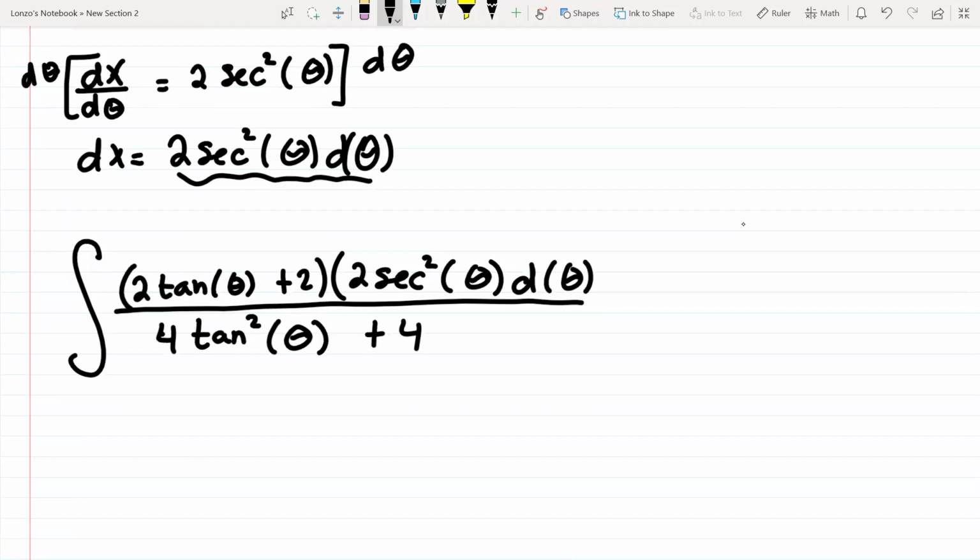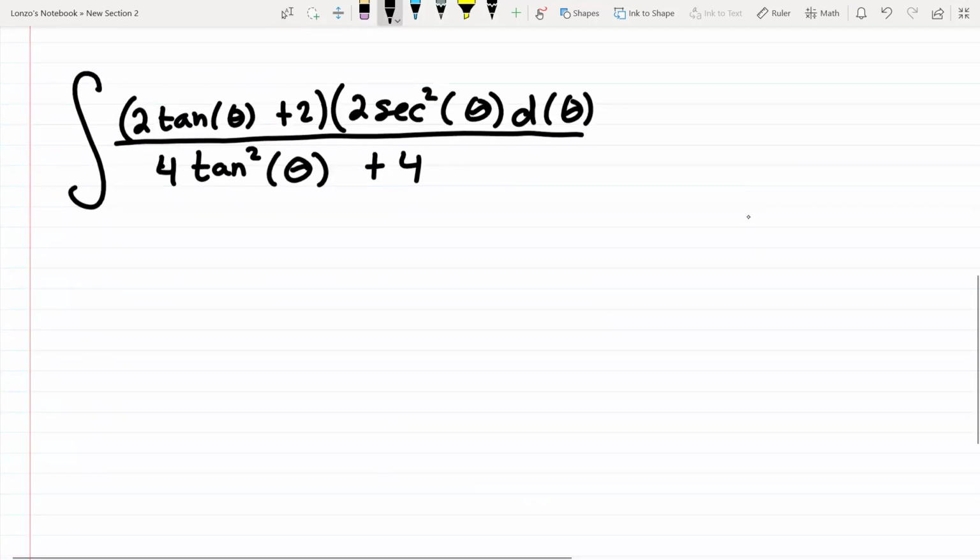What I do next is simplify the numerator by FOILing it out. So go ahead and FOIL 2 tan theta plus 2 with 2 secant squared theta d theta.